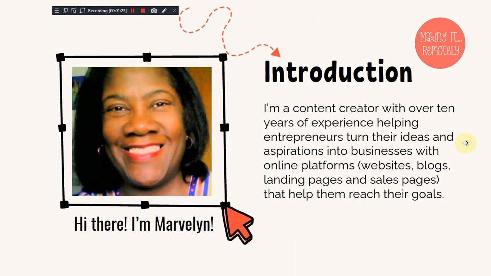So, my name is Marvelyn Brown, if you don't know me, and I'm the founder of Making It Remotely. Here at Making It Remotely, we help entrepreneurs, aspiring entrepreneurs, as well as existing entrepreneurs, take their ideas and turn them into thriving online businesses. Now, I am also someone who loves to create. I create physical products. I love to knit, I love to crochet, I love to make jewelry, and I like graphic design.